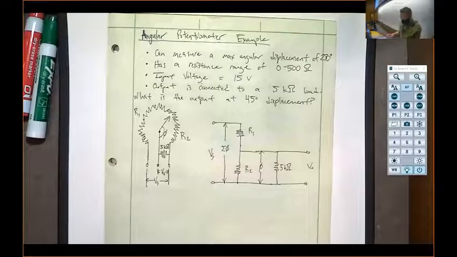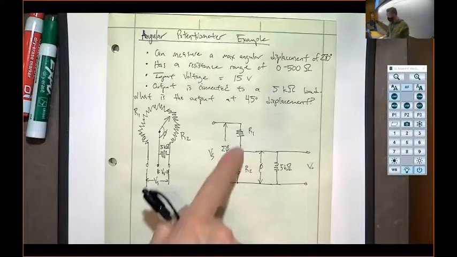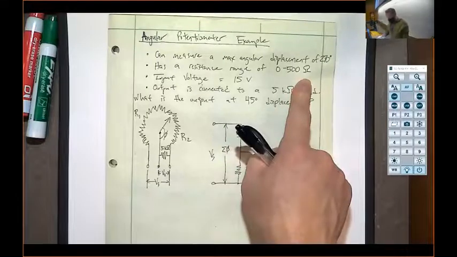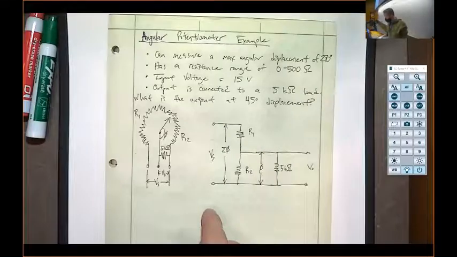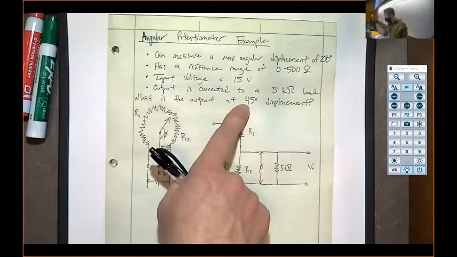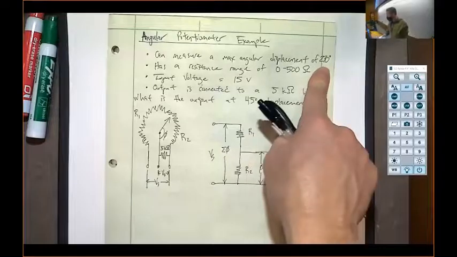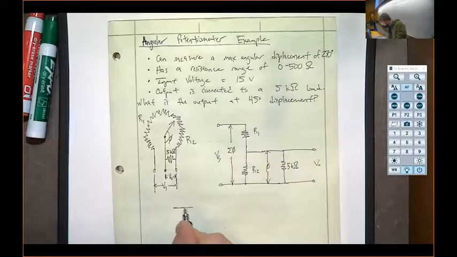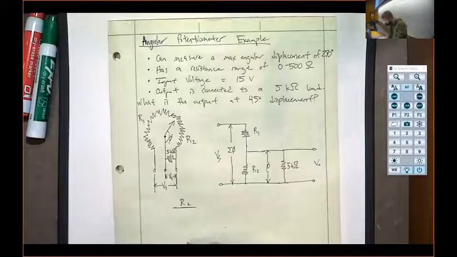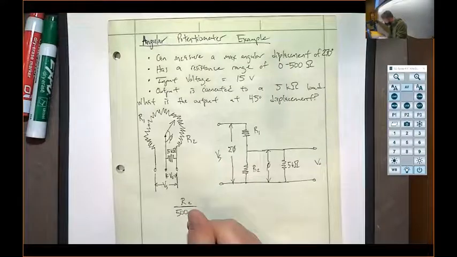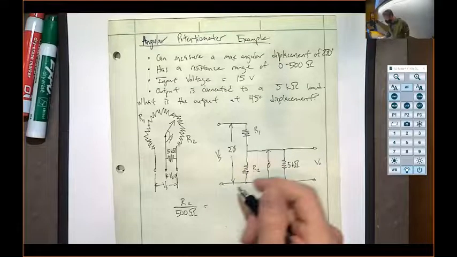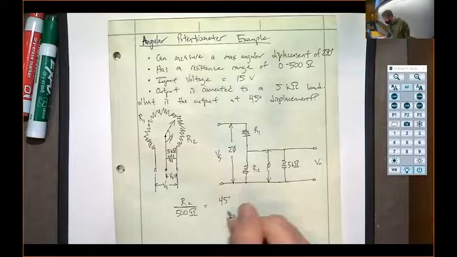Now we know that R1 plus R2 is 500 ohms. And we know that our displacement that we're after is 45 degrees, and the total displacement is 270. So we can find R2 by setting up a little ratio like this. R2 over 500 ohms is equal to 45 degrees over 270 degrees.